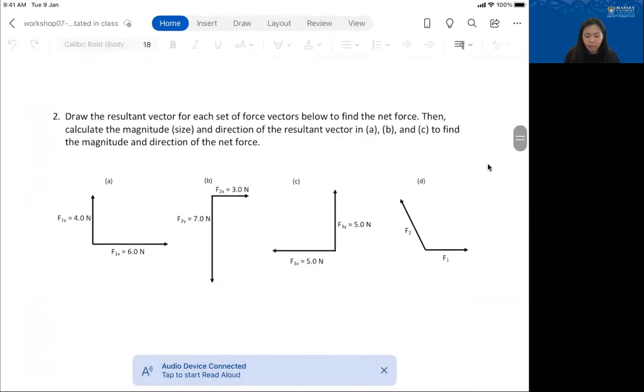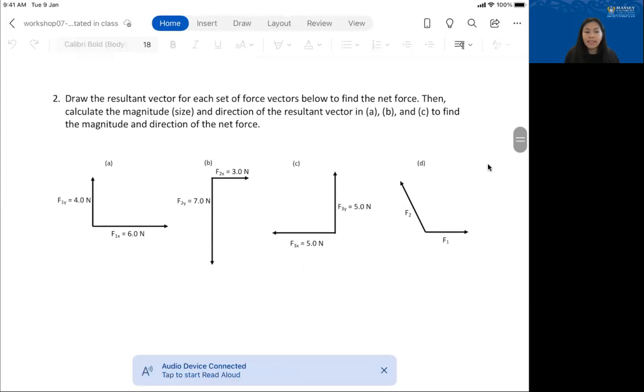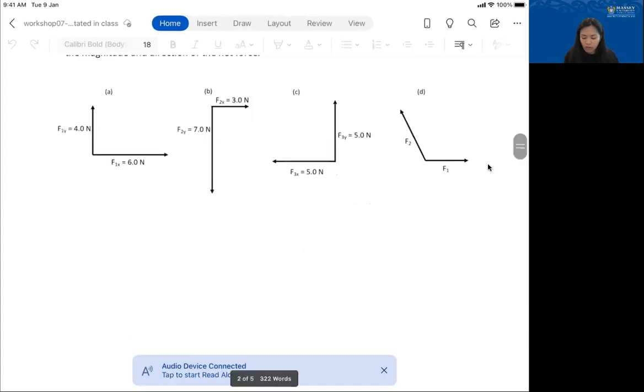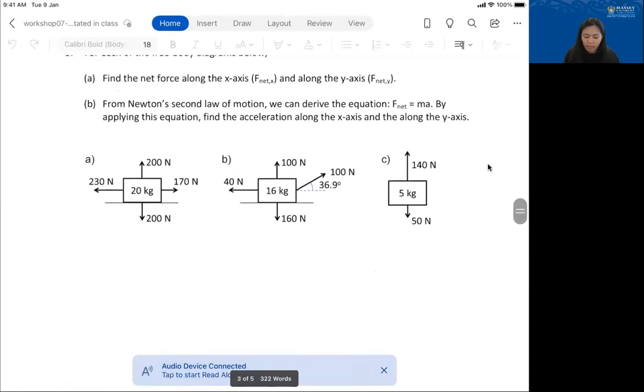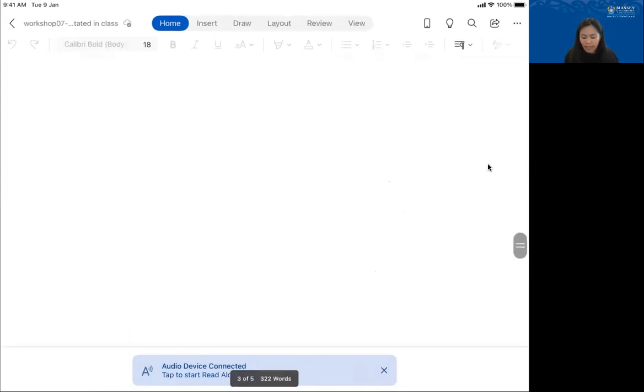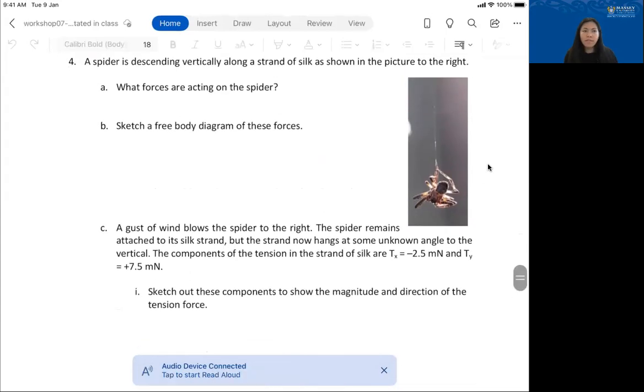And then for the second question, given the x and y components, find the net force, which is the diagonal. And then, given horizontal and vertical vectors, find the net force of that. And then the last question is putting everything together in a worded problem.